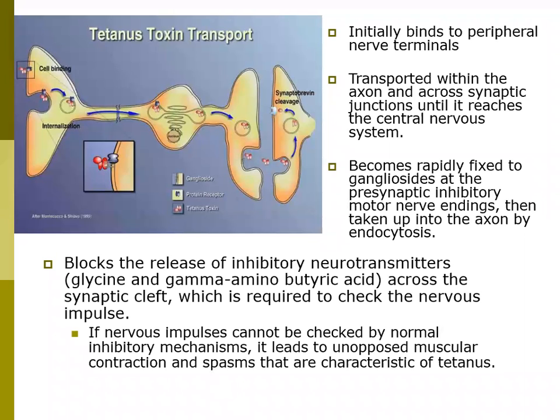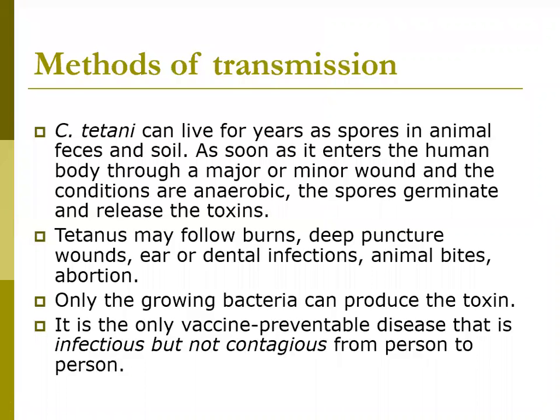From the very beginning, it starts to block the release of inhibitory neurotransmitters, glycine and gamma aminobutyric acid, across the synaptic cleft, which is required to check the nervous impulse. If nervous impulses cannot be checked by normal inhibitory mechanisms, it leads to unopposed muscular contraction and spasm that are the characteristics of tetanus. So this is the mechanism of the tetanus toxin, also known as neurotoxin.